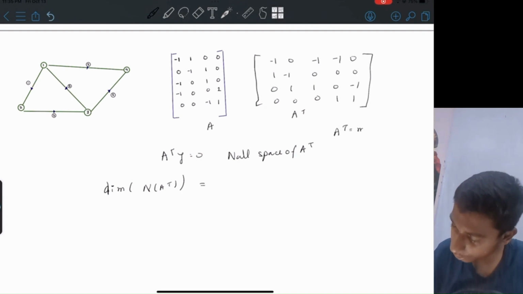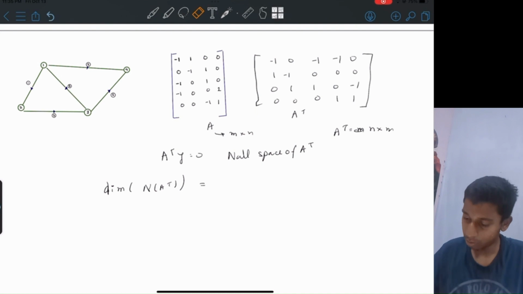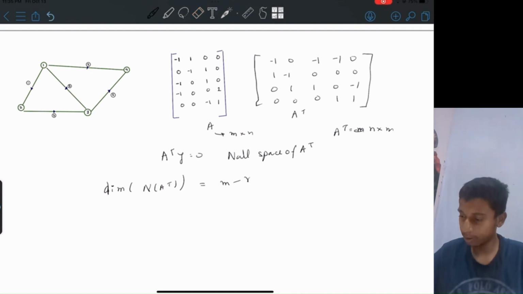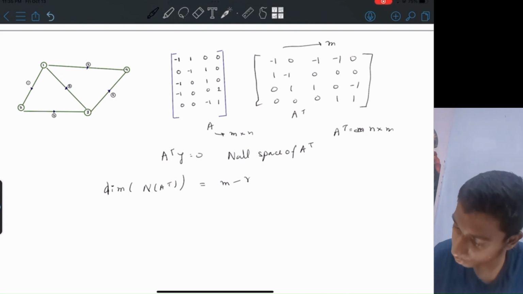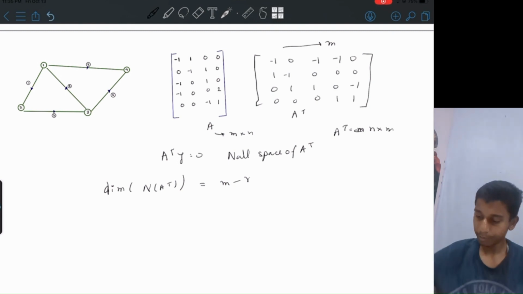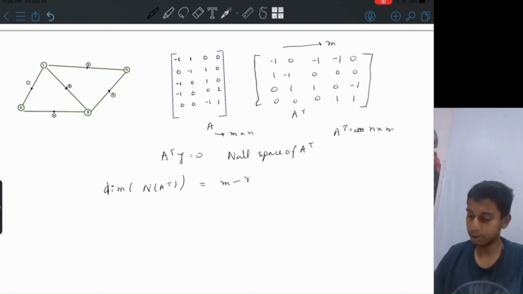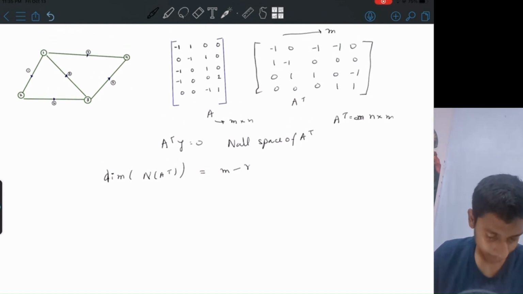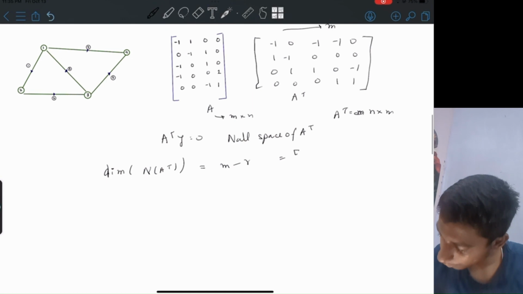A transpose is an n cross m matrix, as A was an m cross n matrix. So the dimension of the null space would straight away be m minus r, because there are a total of m different edges or m different current wires and m minus r different variables in the null space. So computing it would be 5 minus 3 equals 2.